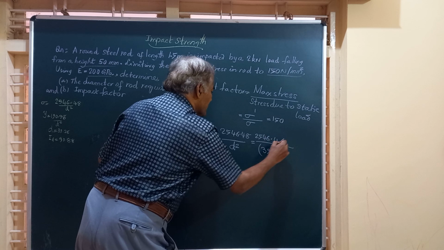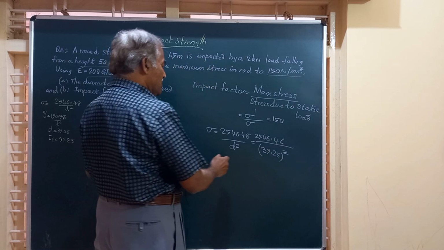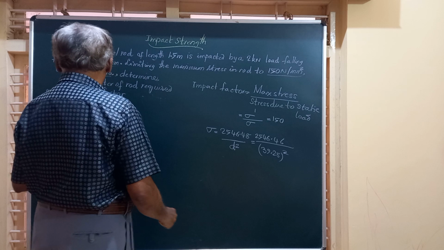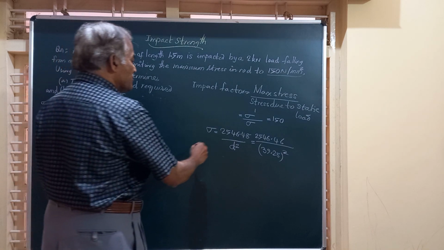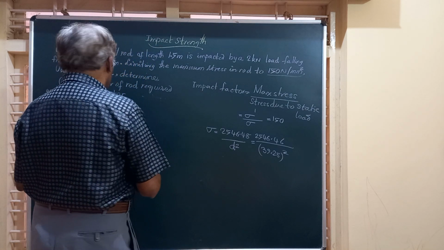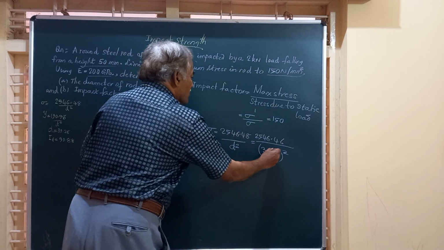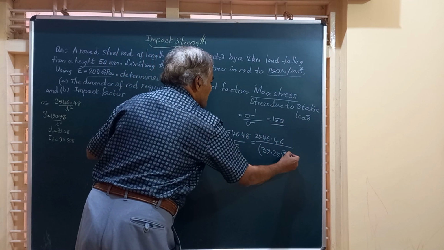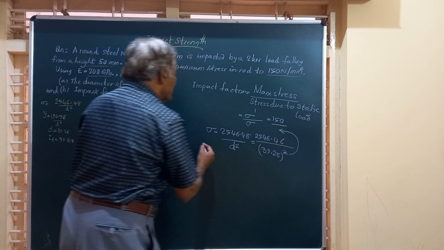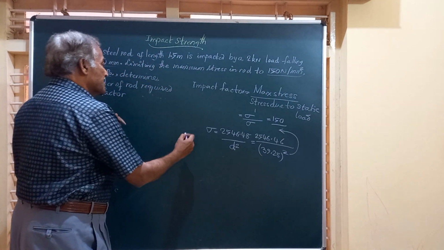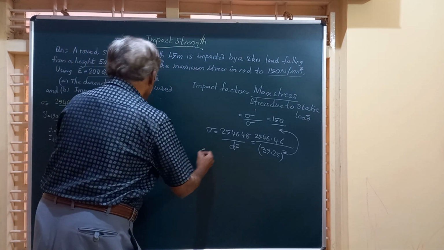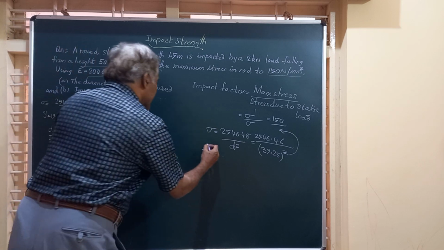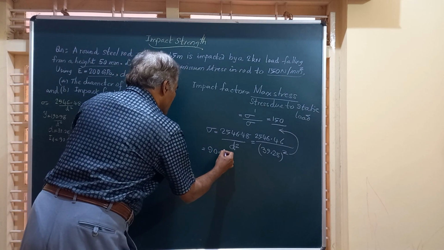If you simplify this, you get the value of sigma, and finally if you substitute this quantity here, you are going to get the impact factor as 90.88.